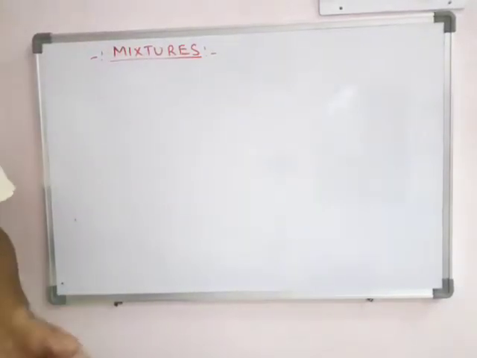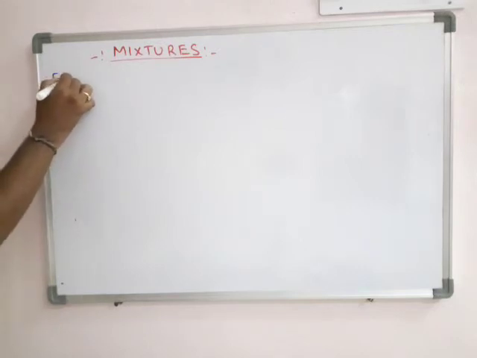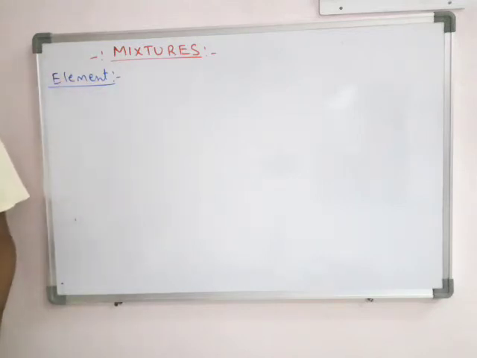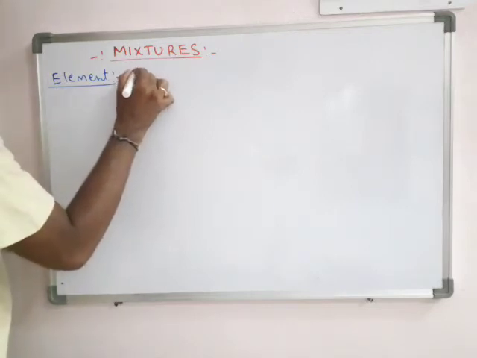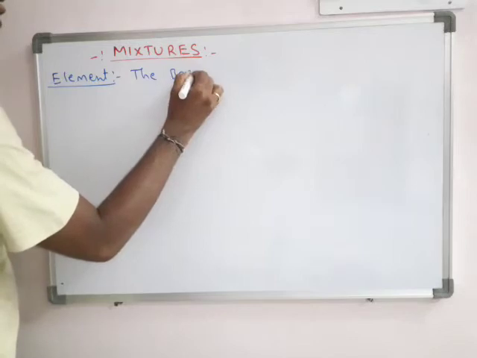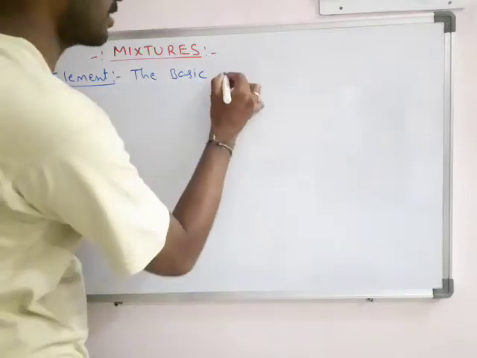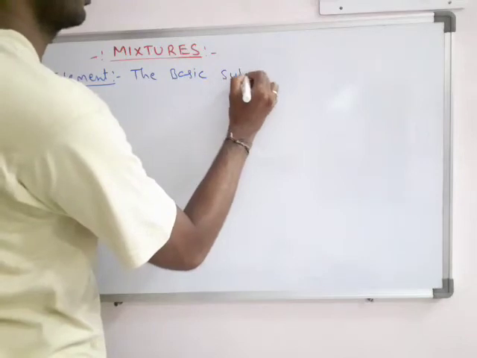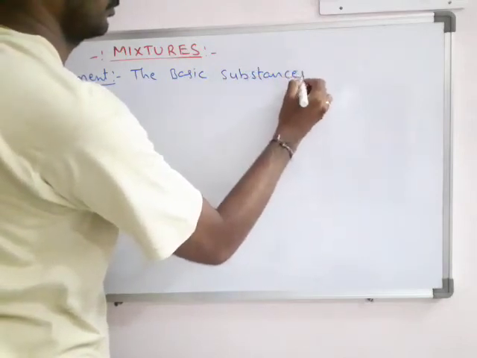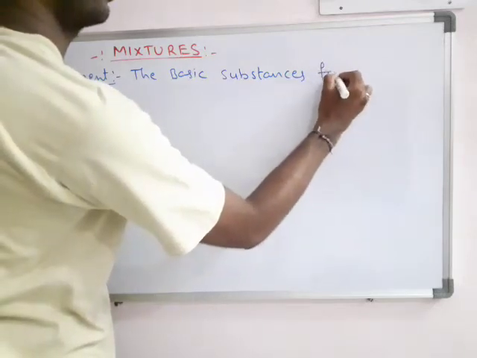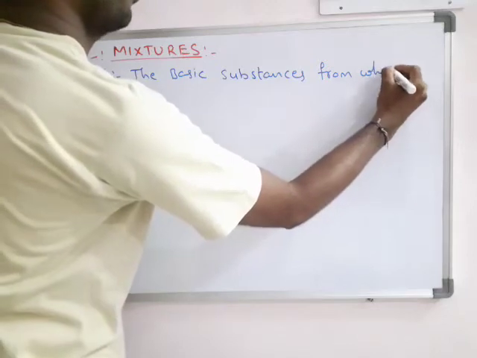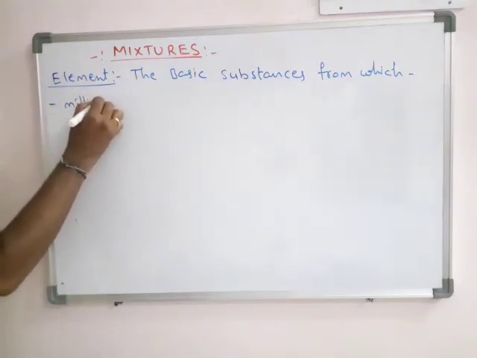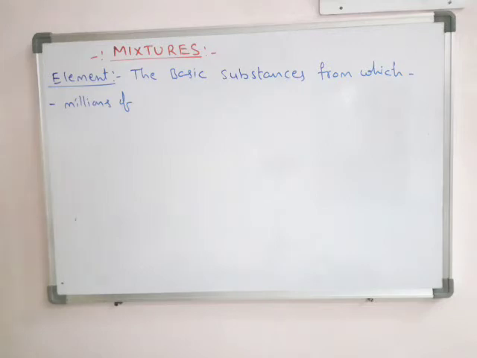Now we see what an element is. Elements are the basic substances, the basic substances from which millions of substances can form.